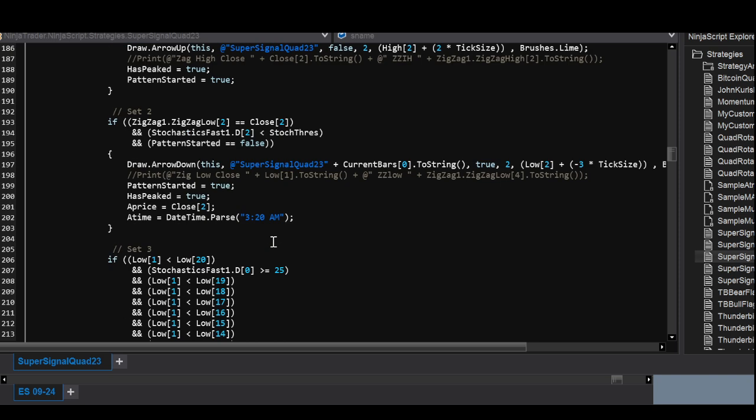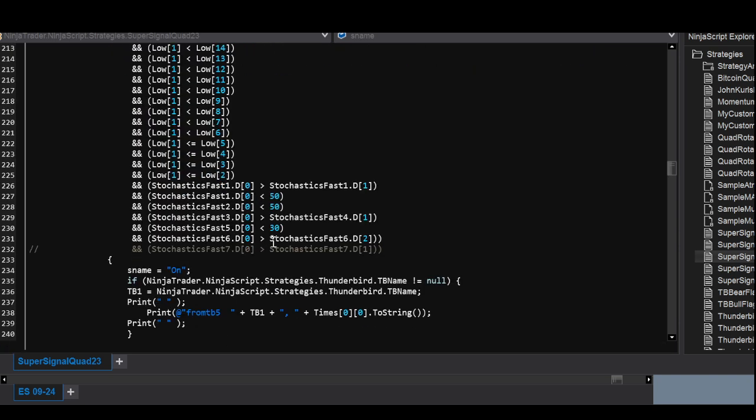Where's my slope indicator? Here we go, down here. And there's some other things here. So with the stochastics and the rotation, I'm comparing each previous price and level of the stochastics to the price and level of the candle.